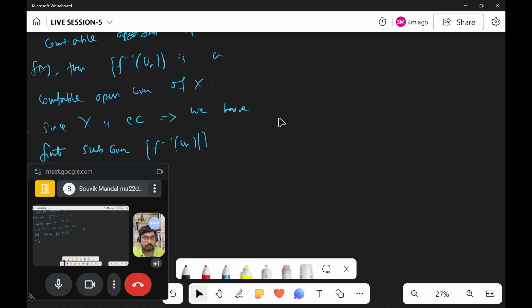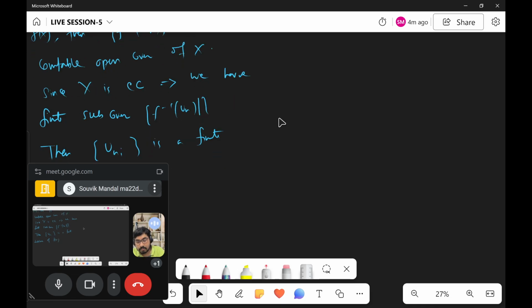Then the corresponding Uni is a finite subcover of f of X. So that is the argument.